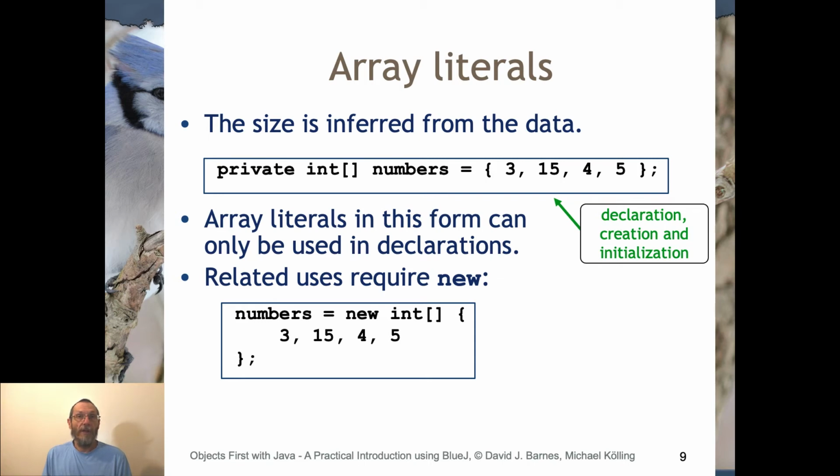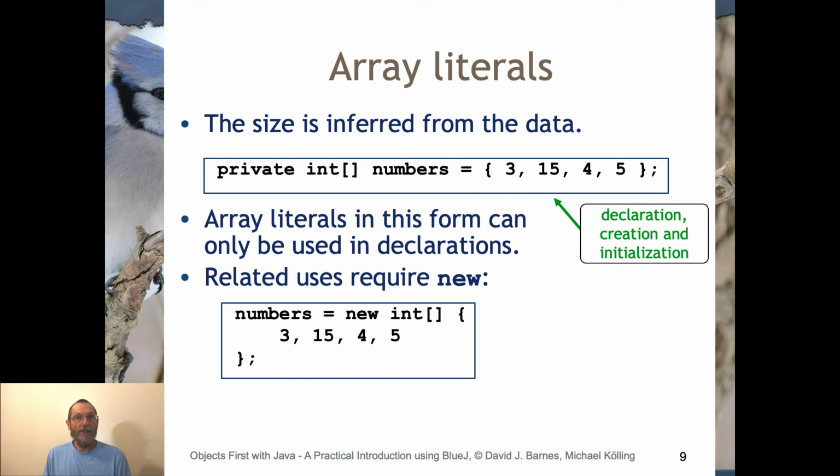Now, if the array variable is to be initialized at the point that the variable is declared, then we can use the form shown in the upper part of the slide. But if at some later point within the life of that variable we want to assign a different array object to it, then the syntax is slightly different.